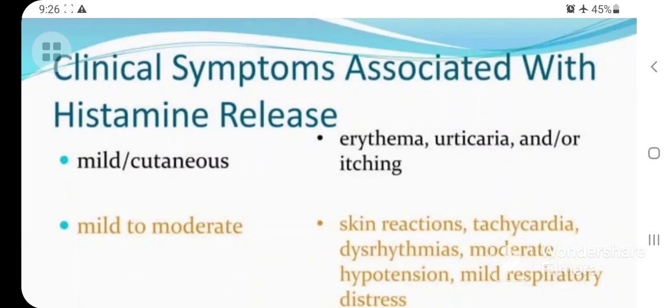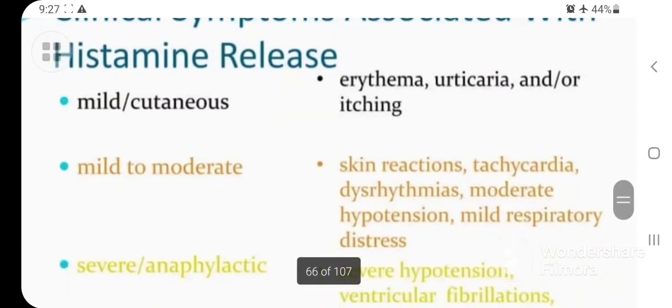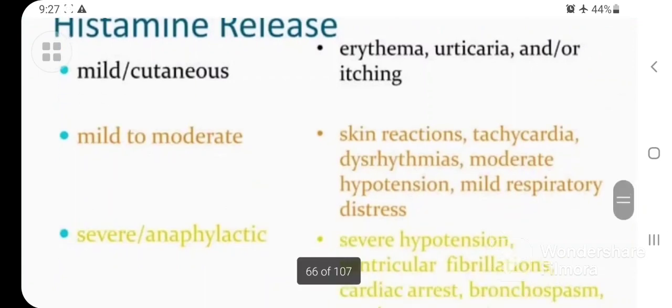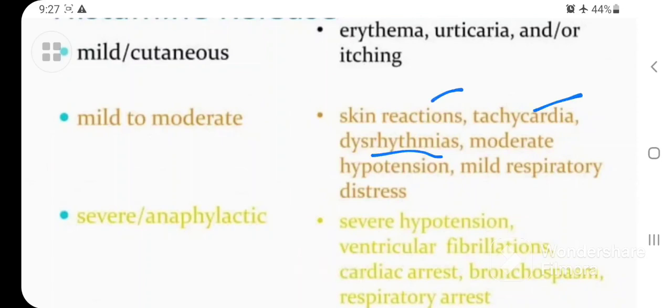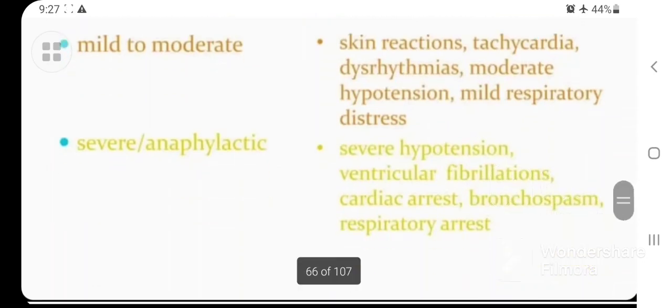If histamine release is mild to moderate, the patient will suffer from skin infection, tachycardia, dysrhythmias, moderate hypotension, and mild respiratory distress. If the condition is severe, it is anaphylactic and very dangerous: severe hypotension, ventricular fibrillation, cardiac arrest, bronchospasm, respiratory arrest leading to coma or death. That is anaphylaxis.